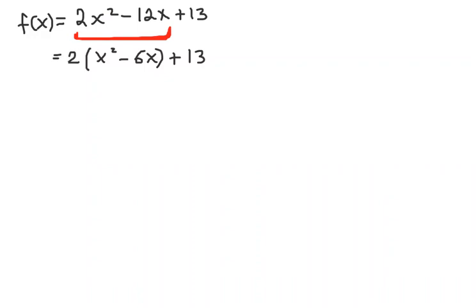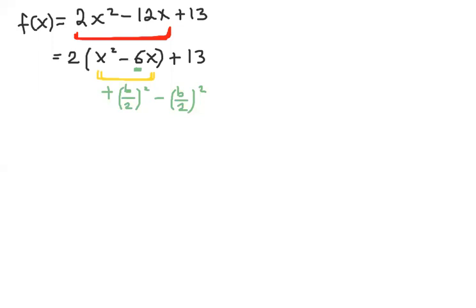Second step, we try to complete the square for these terms. What's completing the square? By adding (b over 2) squared. But because we add (b over 2) squared, we have to remove it by subtracting (b over 2) squared again. What is b?